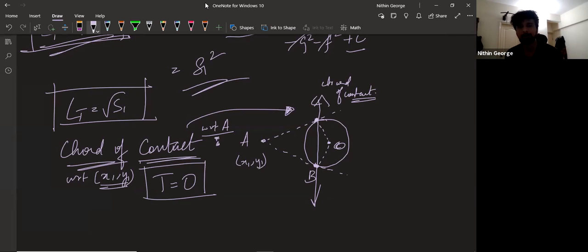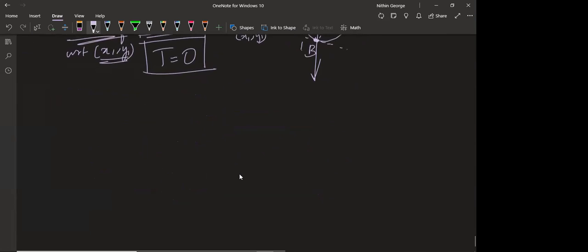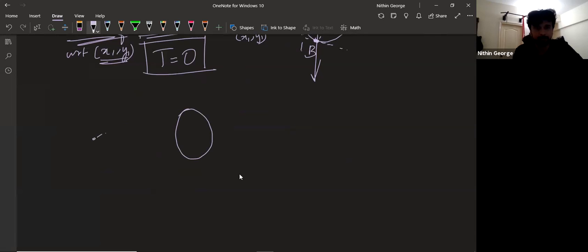All right. I hope this is a striking moment for you. Because T equal to 0, when the point lies on the curve, it becomes a tangent, right? Yes, sir. So this is what I want you to imagine.